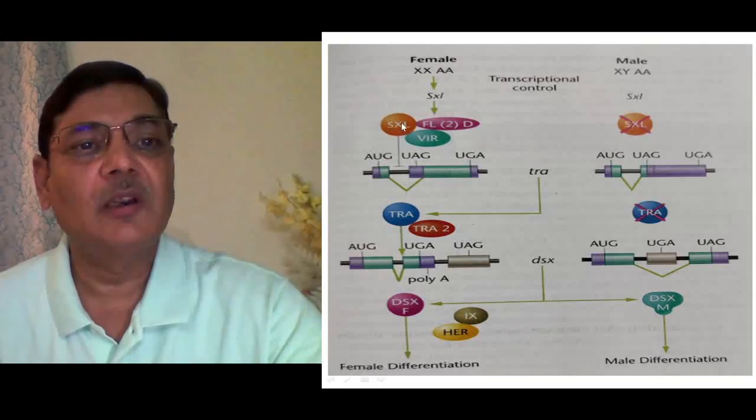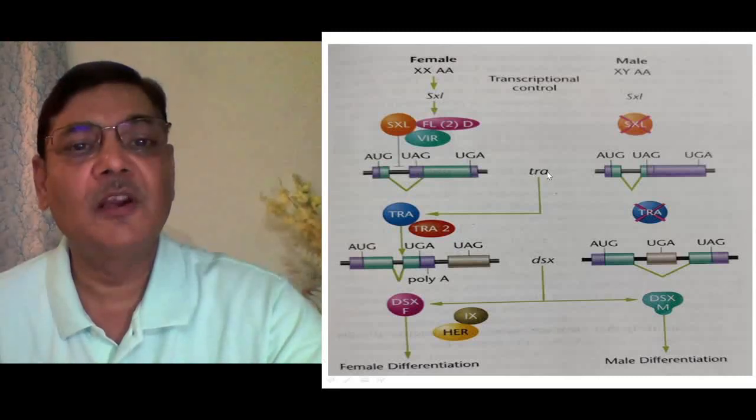This protein is actually a splicing protein. It, along with other proteins, binds with a pre-mRNA, hnRNA or pre-mRNA. That pre-mRNA is of the transformer gene. See, this TRA stands for transformer.